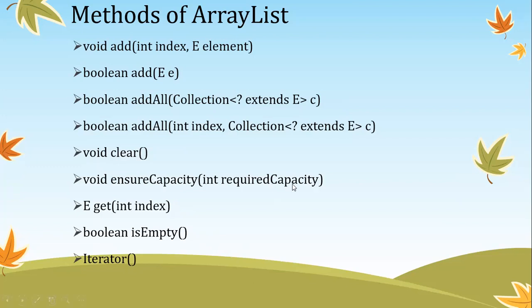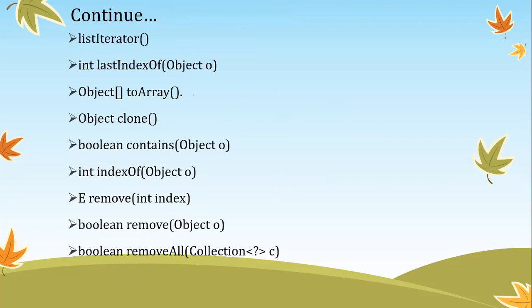It is taking one integer argument. This method is used to fetch the element from the particular position of the list. And next one is boolean isEmpty. This method returns true if the list is empty, otherwise it returns false. Iterator and listIterator: these two methods are used to traverse the list.